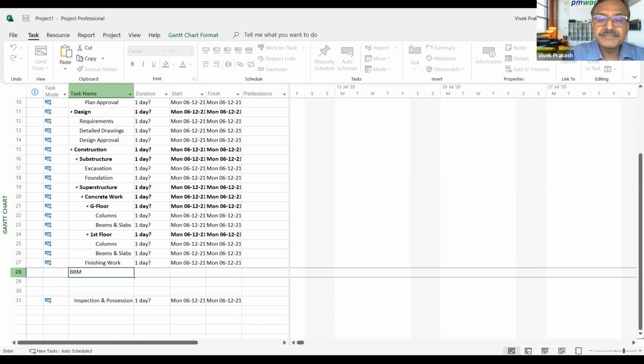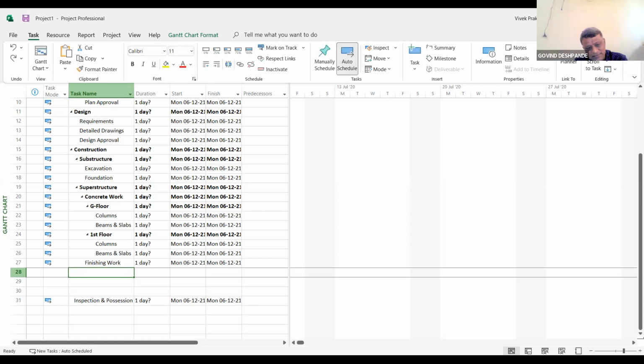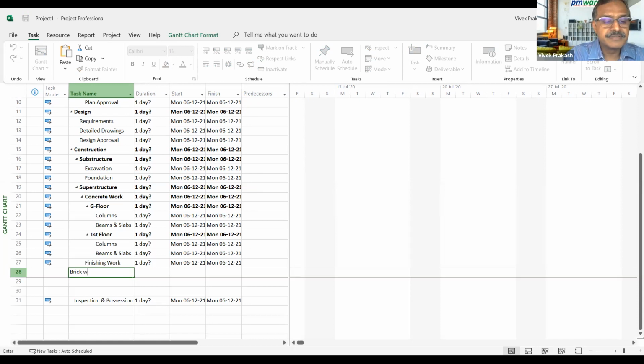Brickwork and plasters. BBM, some brickwork. Okay, should I write brickwork and plaster? Yes.